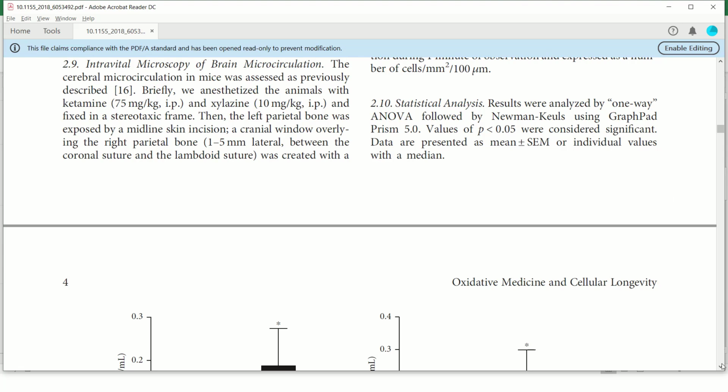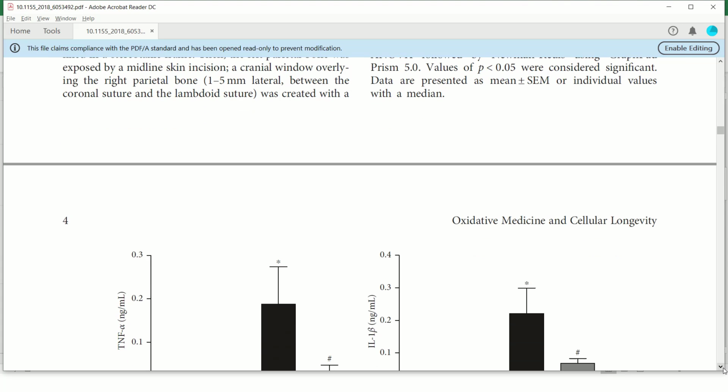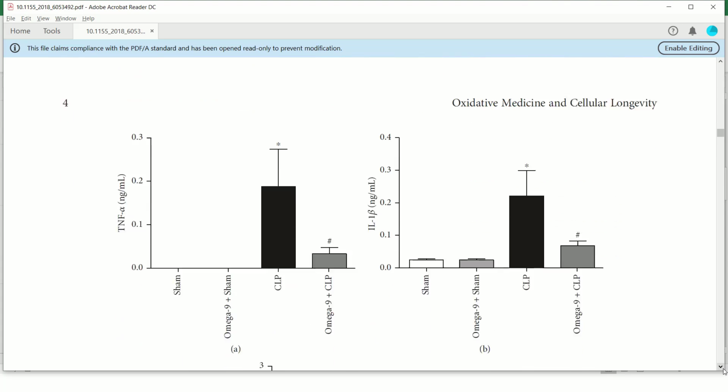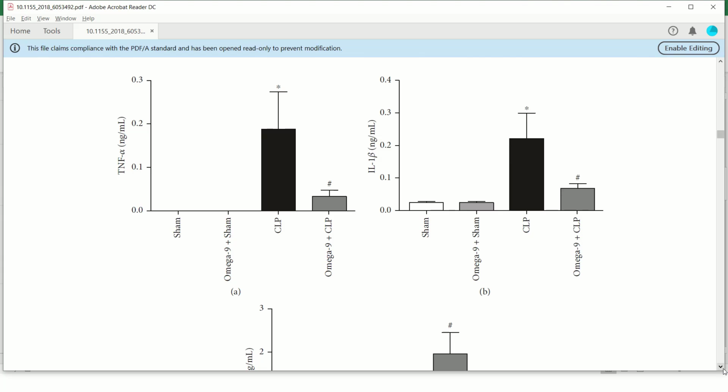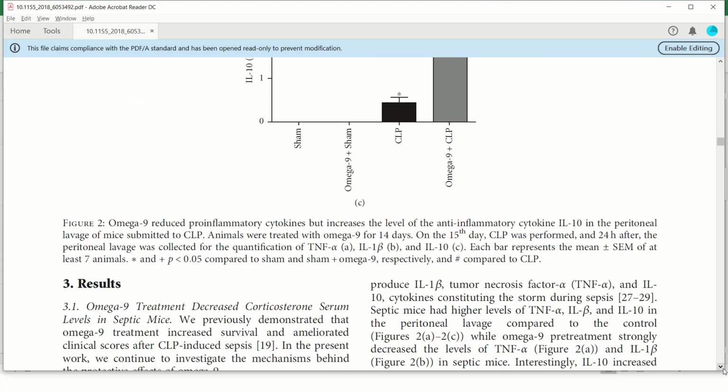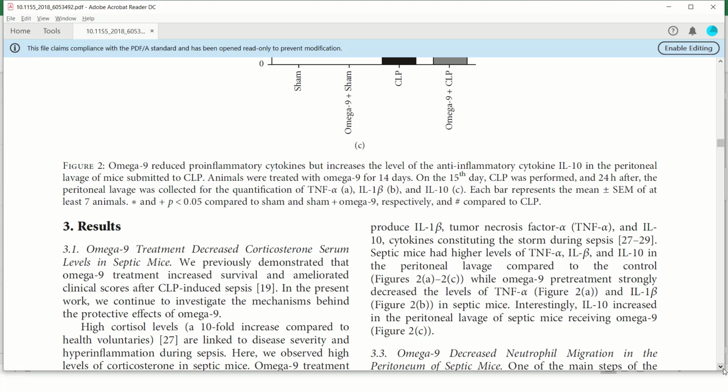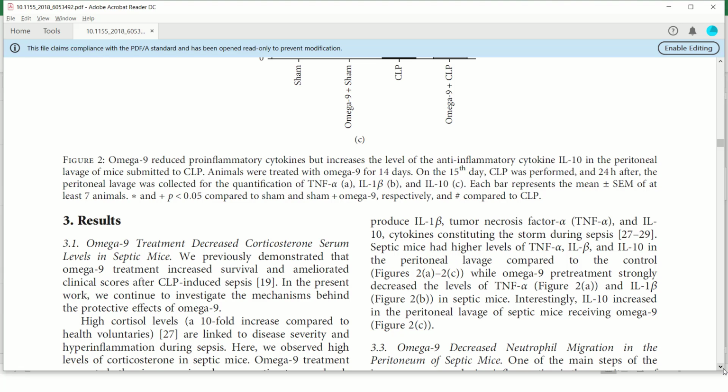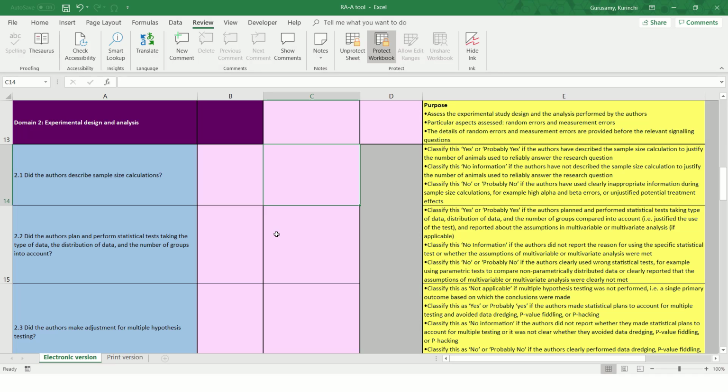Presented as mean plus standard error or individual values with median. Okay, so there are no sample size calculations. So in here, what we say is no information if the authors have not described the sample size calculation to justify the number of animals.